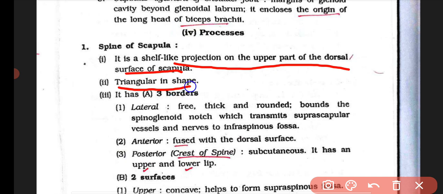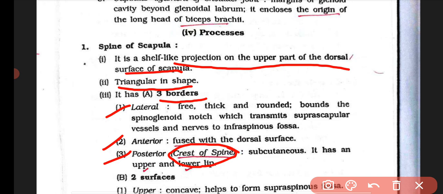It is triangular in shape and it also has 3 borders: lateral border, anterior border, posterior border. The posterior border is also known as the crest of the spine.